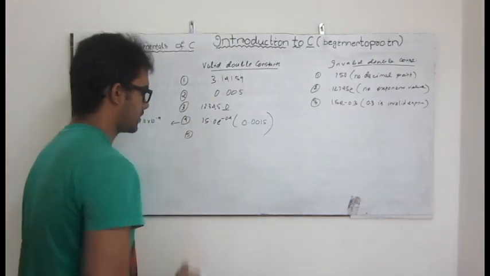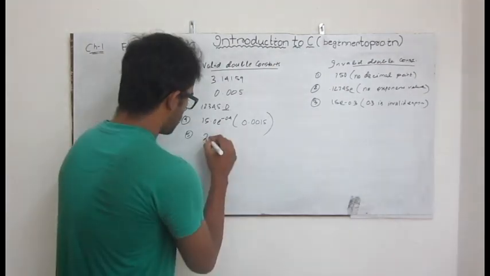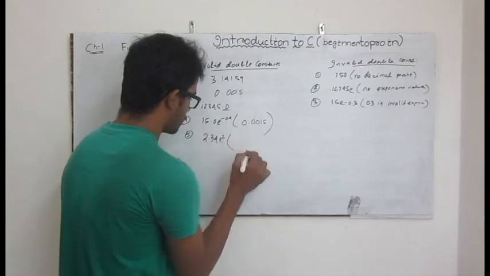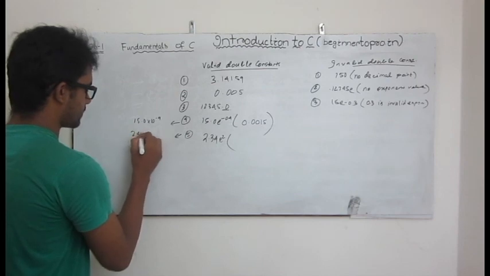Let's say here another example, 2.34e2. It is also like this.